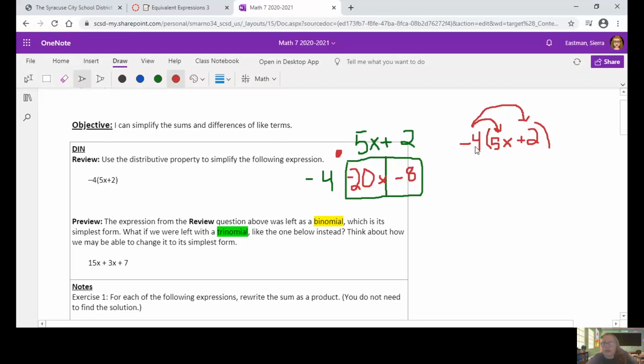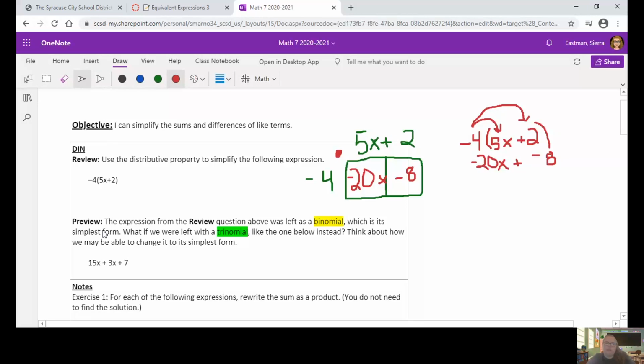So again, -4 times 5 is -20. We keep that x the same. That addition symbol goes down automatically, and then that -4 times that +2 gives us the -8. Okay, we can see that we got the same answer both times.